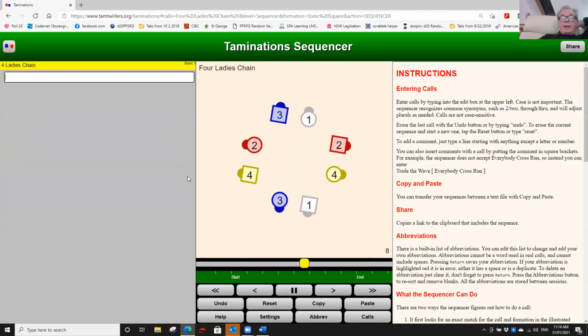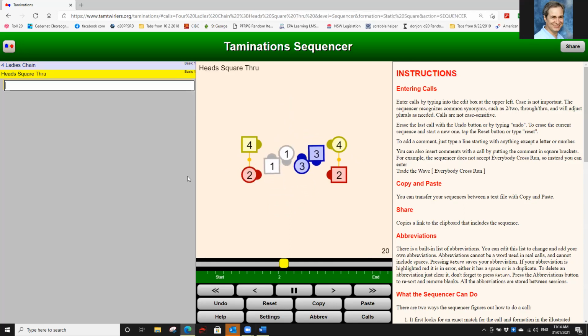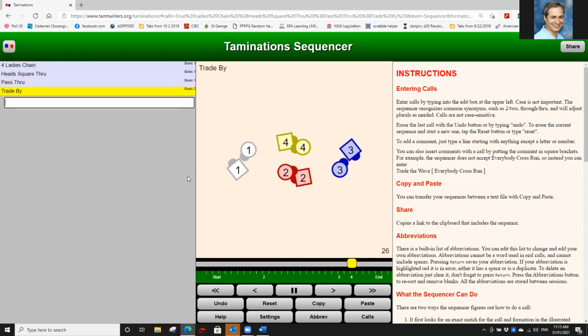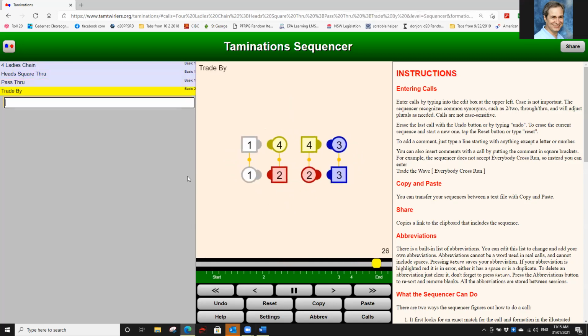But in a lead right box you don't. But if I had my partner to begin with, I should end up with my opposite. That's a real four ladies chain, right? That's the four ladies chain effect.